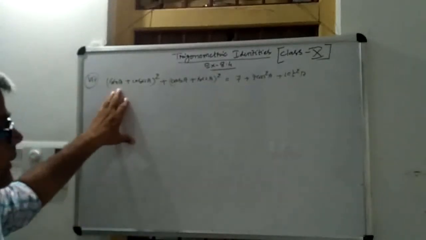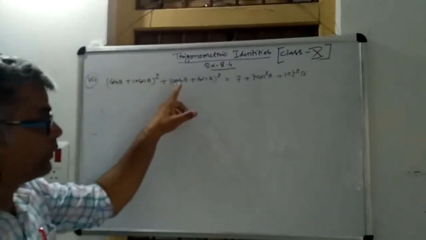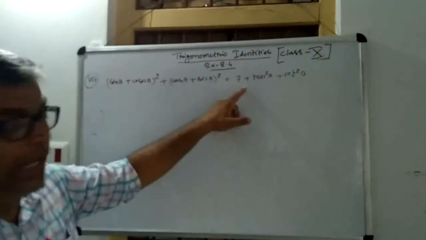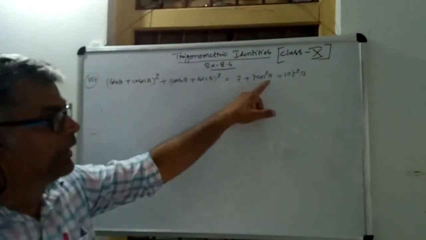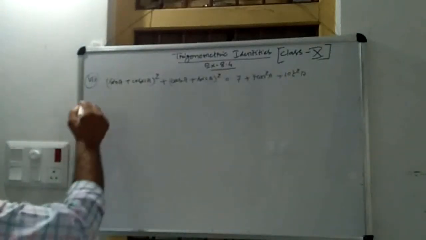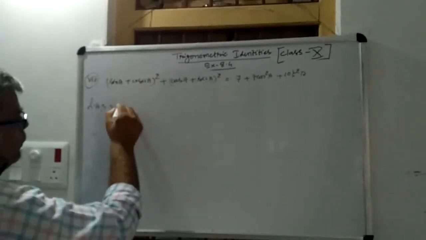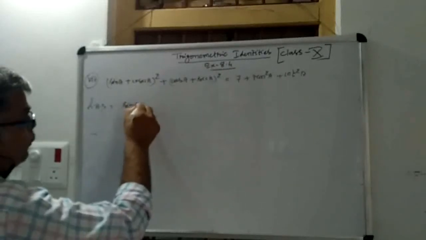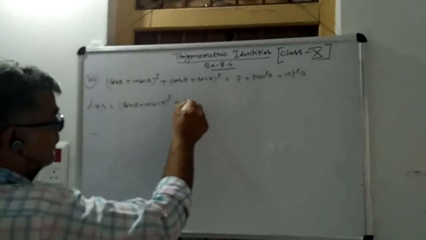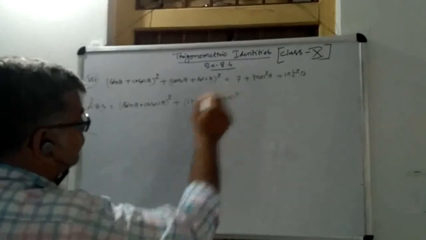Your LHS part is (sin A + cosec A) whole square plus (cos A + sec A) whole square, and the RHS part is 7 plus tan square A plus cot square A. This is what we need to bring. So let's start with your LHS part. Your LHS equals (sin A + cosec A) whole square plus (cos A + sec A) whole square.